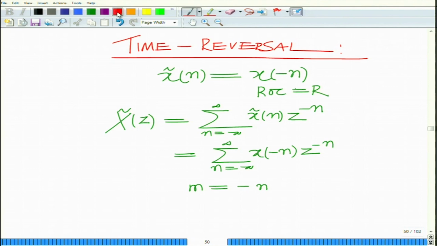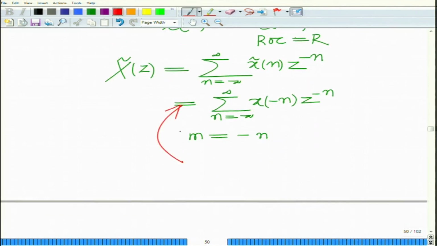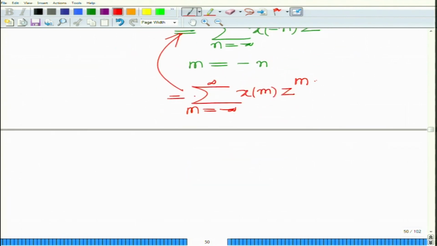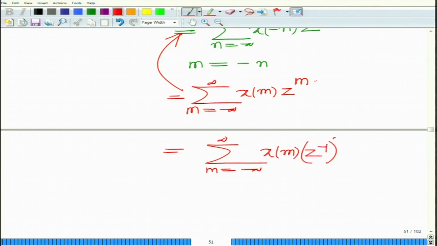The limits infinity to minus infinity become minus infinity to infinity, so the sum still goes from minus infinity to infinity of x of m z raised to minus of n, but minus of n is m, so this is z raised to m, x of m z raised to minus m... which is summation m equals minus infinity to infinity x of m z inverse raised to minus m, and this is nothing but the Z transform of x evaluated at z inverse, or evaluated at 1 over z.